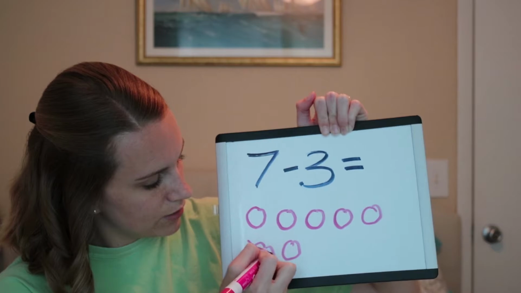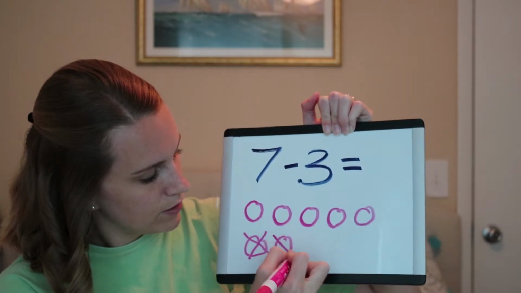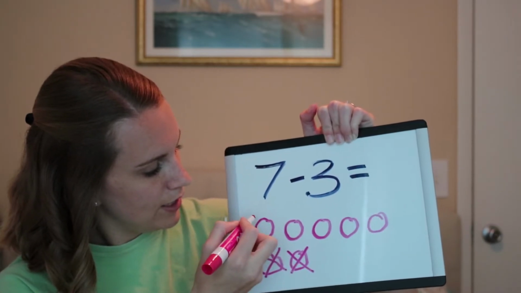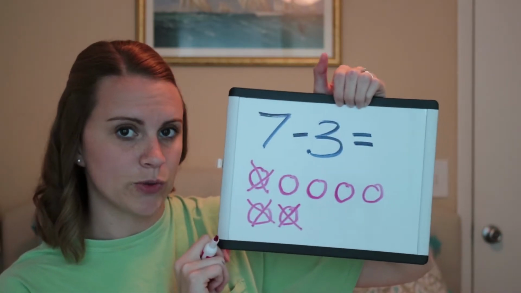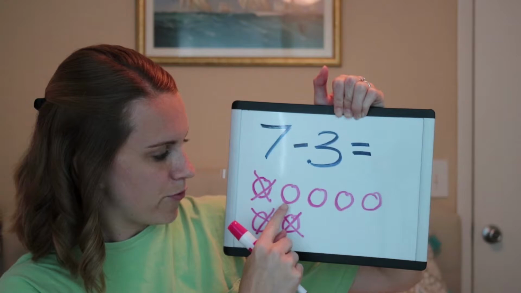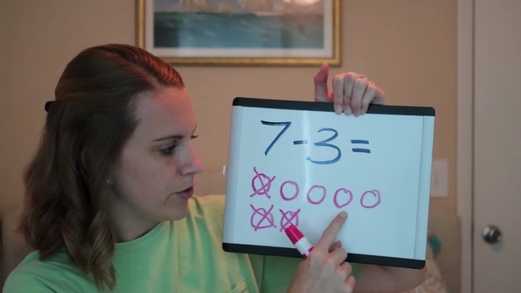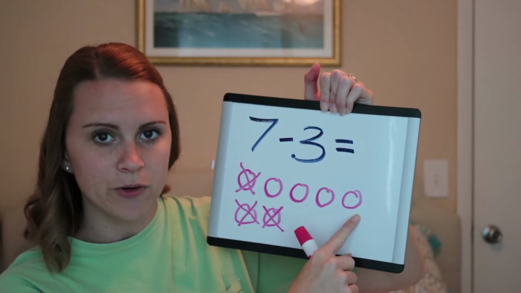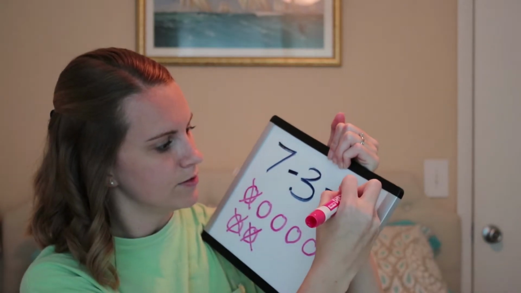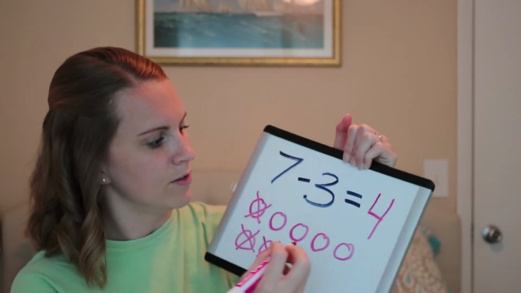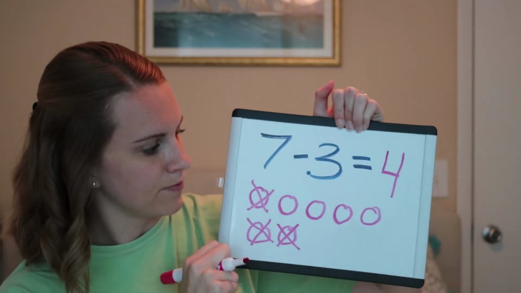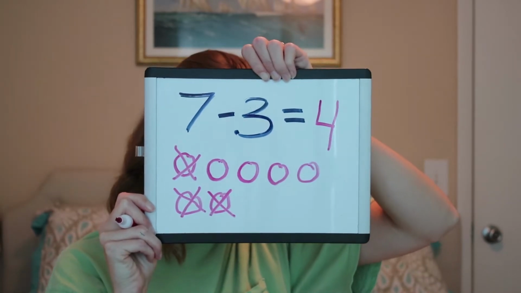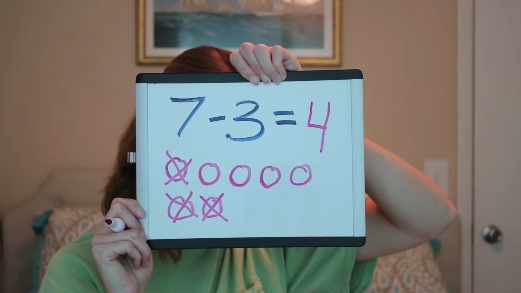I'll put an X here for 1, 2, and 3. I took away 3 of them. So how many do I have left? I have 1, 2, 3, 4. I have 4 left, right? 4 left. All right, so make sure you drew that picture and wrote the answer.